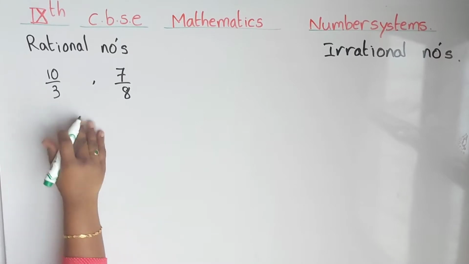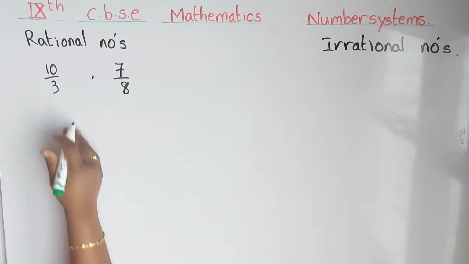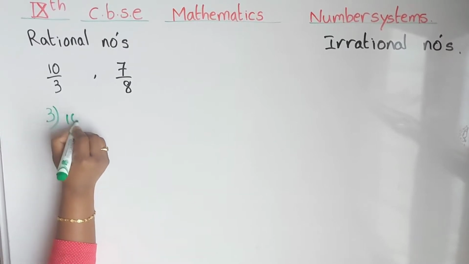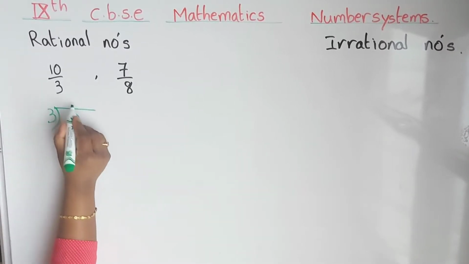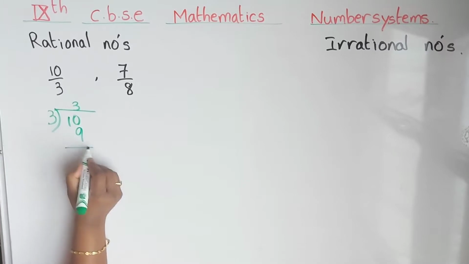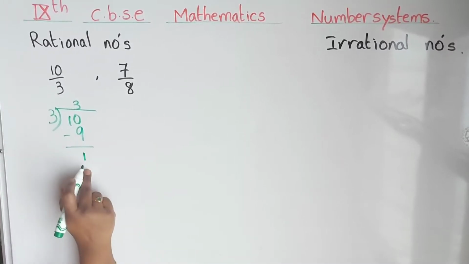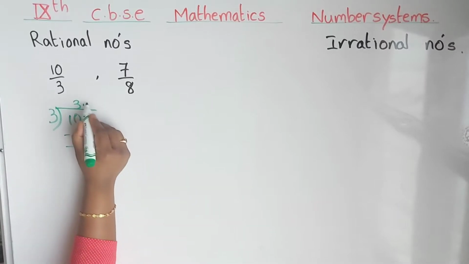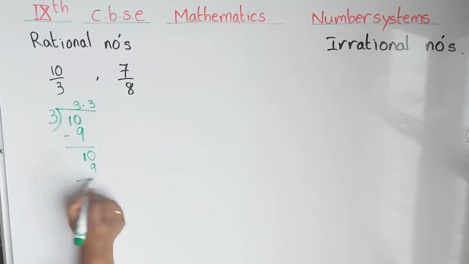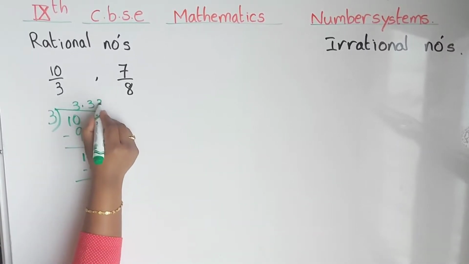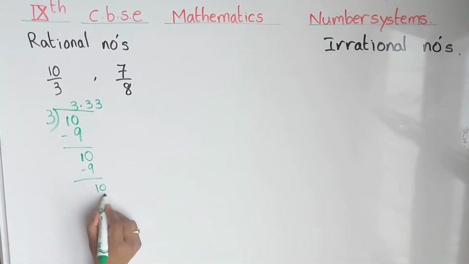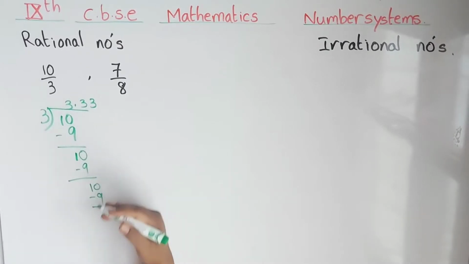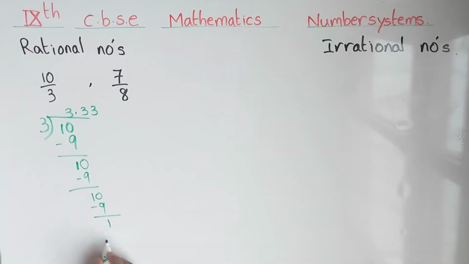Let us take 10 by 3. First we will do the decimal expansion. 3 3s are 9. Remainder 1 now. I am putting a point here and taking 0. Again 3 3s are 9, children. Remainder 1. Again 3 3s are 9. Remainder 1. See, the same process is continuing. What is the remainder, children?